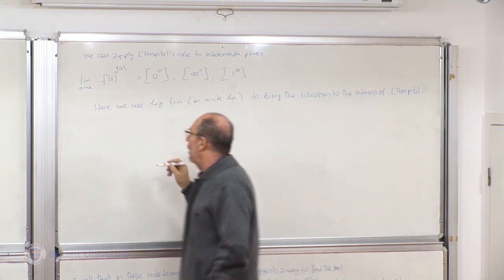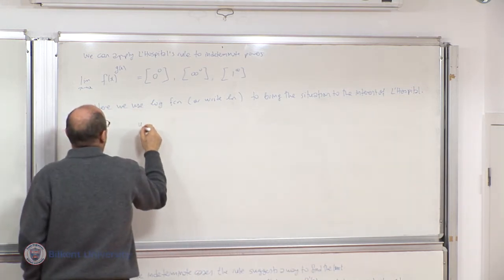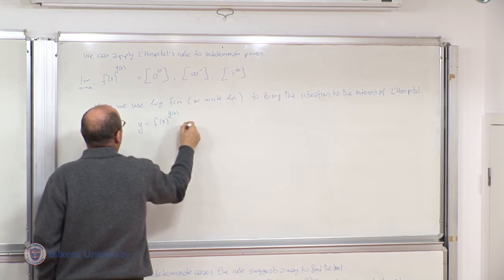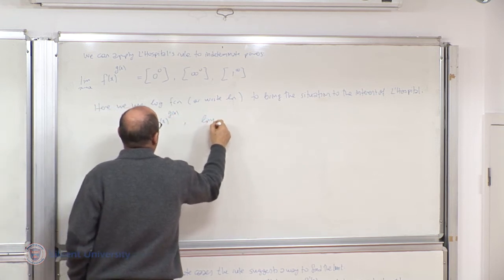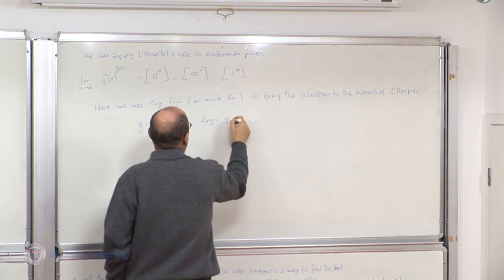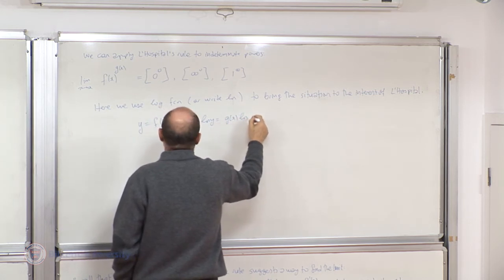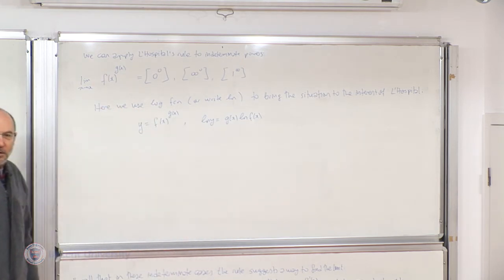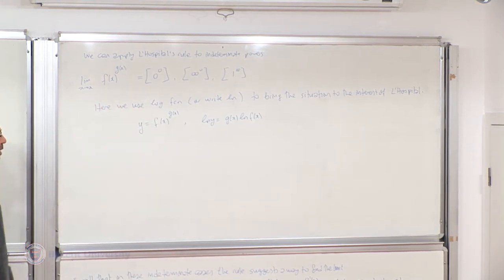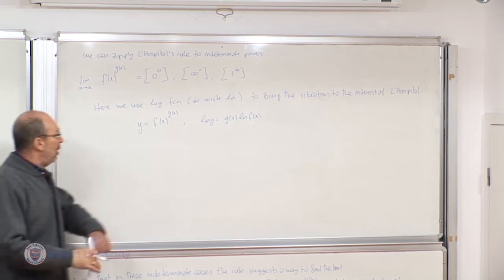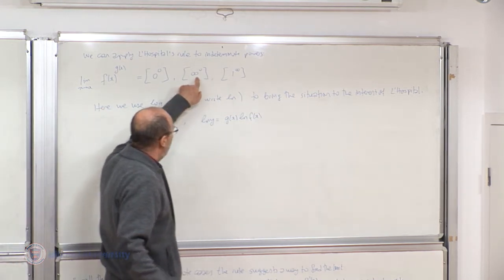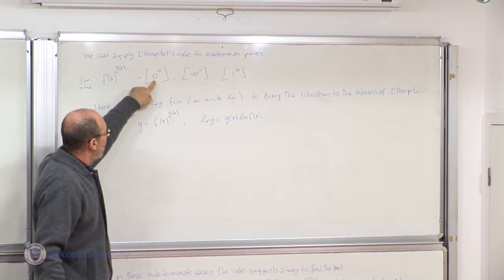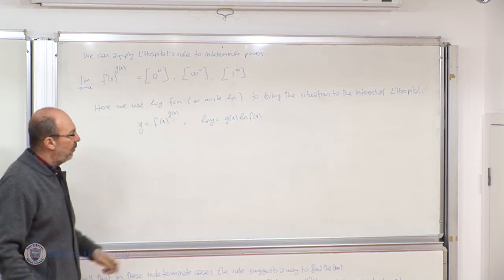Okay, so if y is equal to f of x to the power g of x, then ln y is equal to g of x times ln f of x. Of course, for this to make sense, we must make sure that f of x is always positive. But in this case, it will be positive most of the time. And here we expect that f of x is positive and going down to 0.